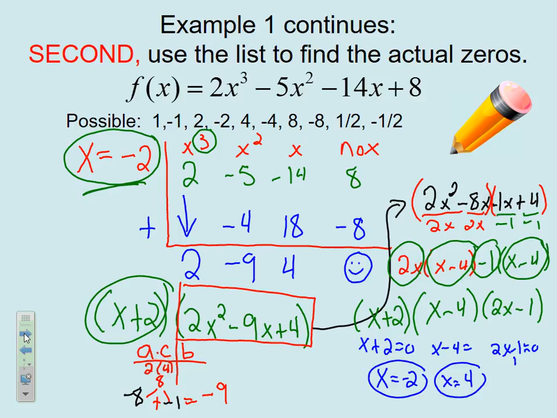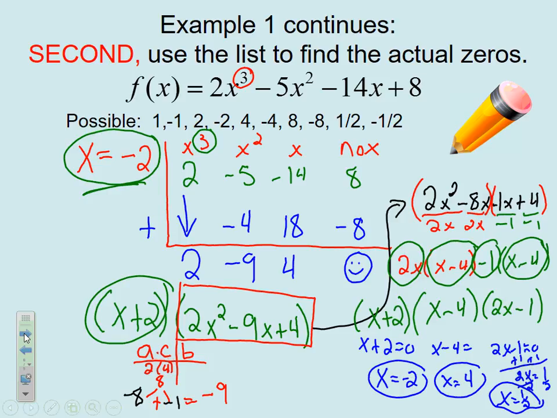This one I would add 1, 2x equals 1, divide by 2, x equals 1/2. These are my 3 solutions, and I know I'm going to have 3 solutions because my problem had an exponent of 3. Okay?